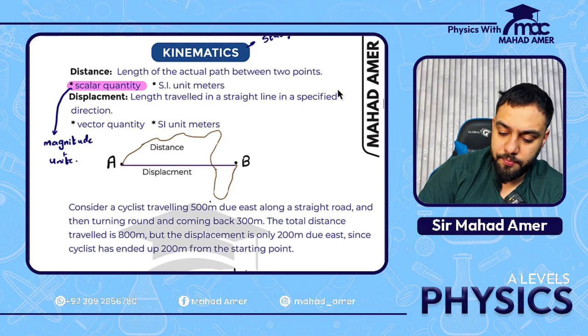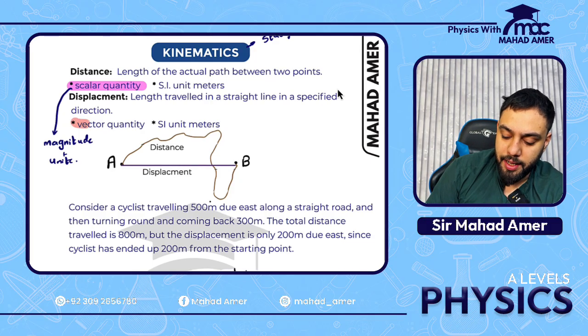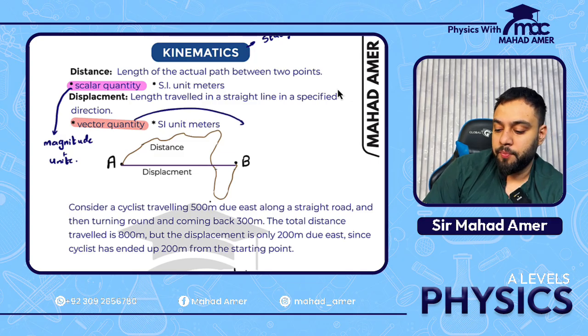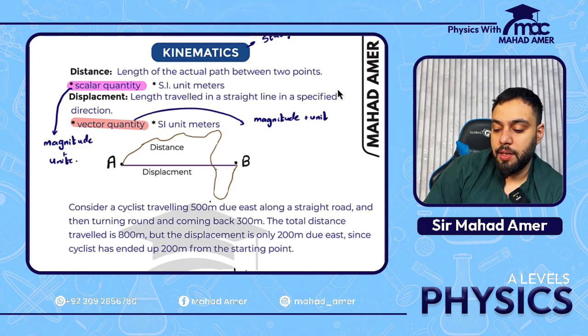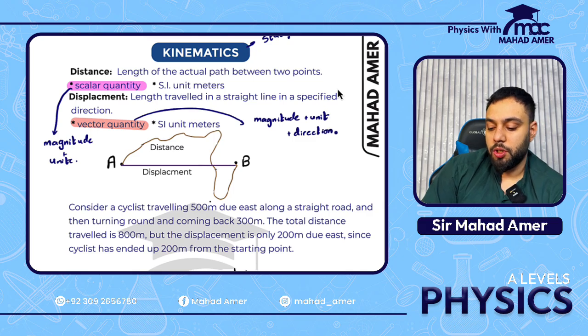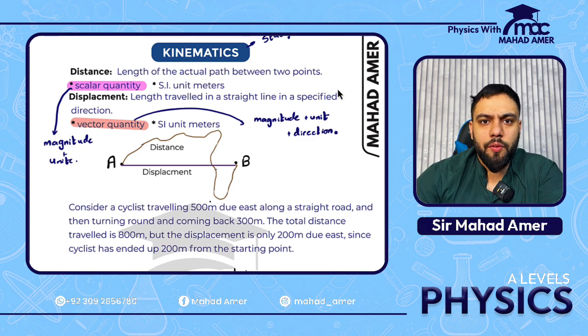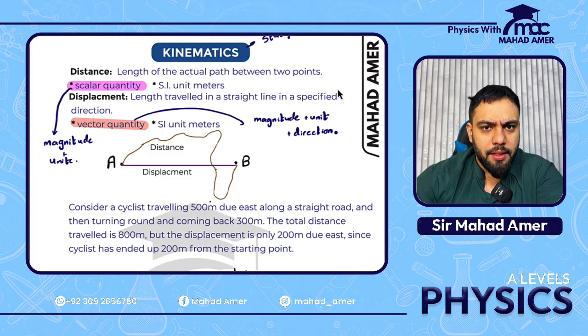That means quantities that have magnitude, unit and direction involved. So vector quantities, we are very well aware of what they are. They have magnitude, they have unit and they have direction involved.